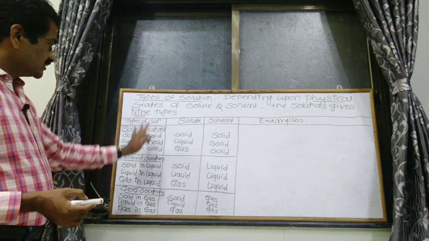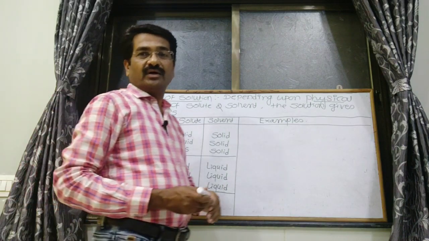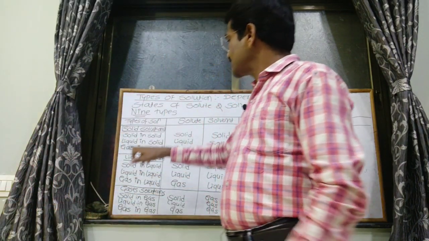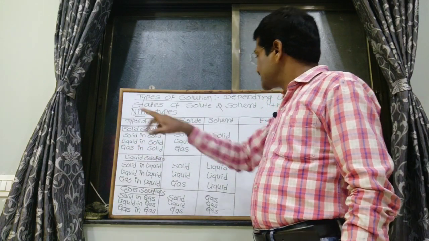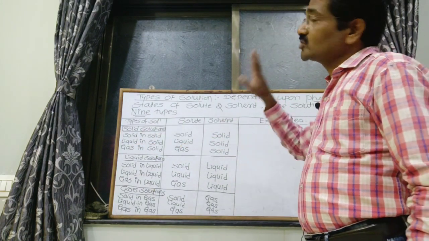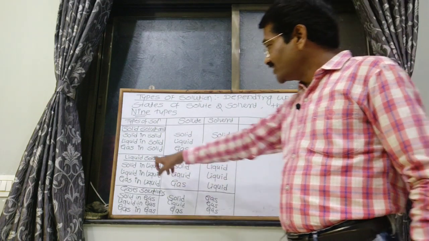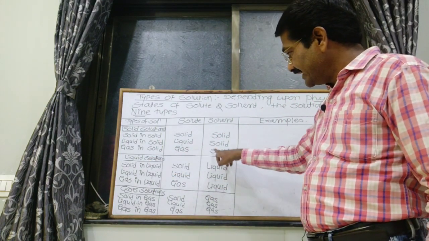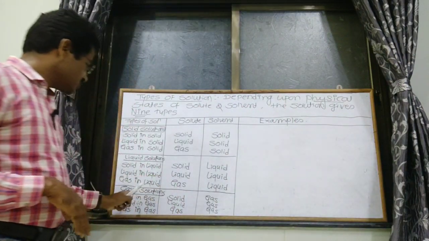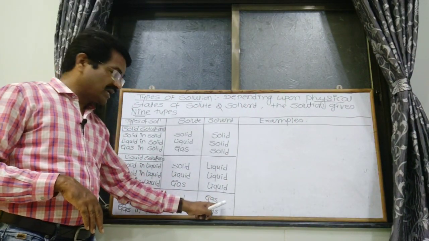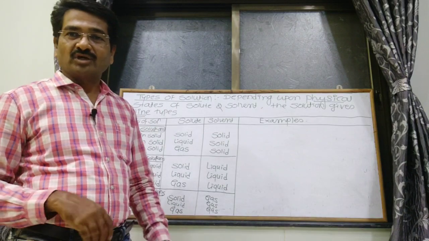Okay, so these are the three types of actual solutions. First, solid solutions: the solutions always containing solid as the solvent. Liquid solutions: the solutions always containing liquid as the solvent. Then gaseous solutions: the solutions which always contain gas as the solvent.